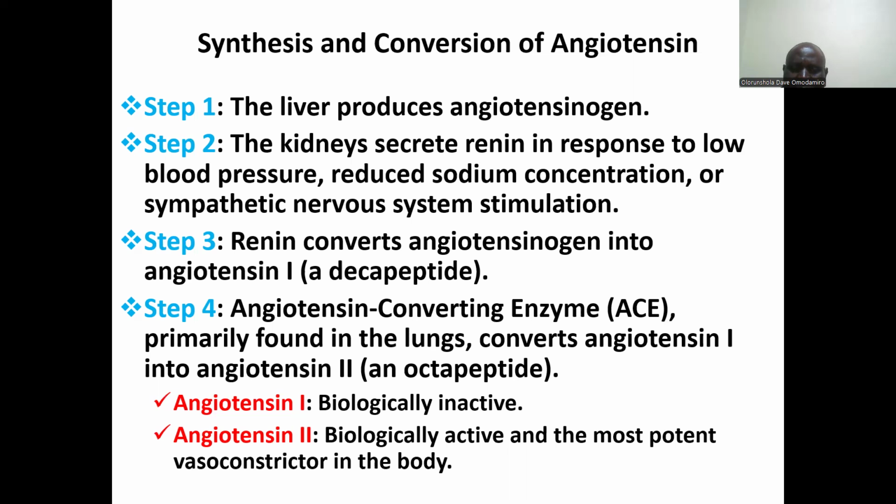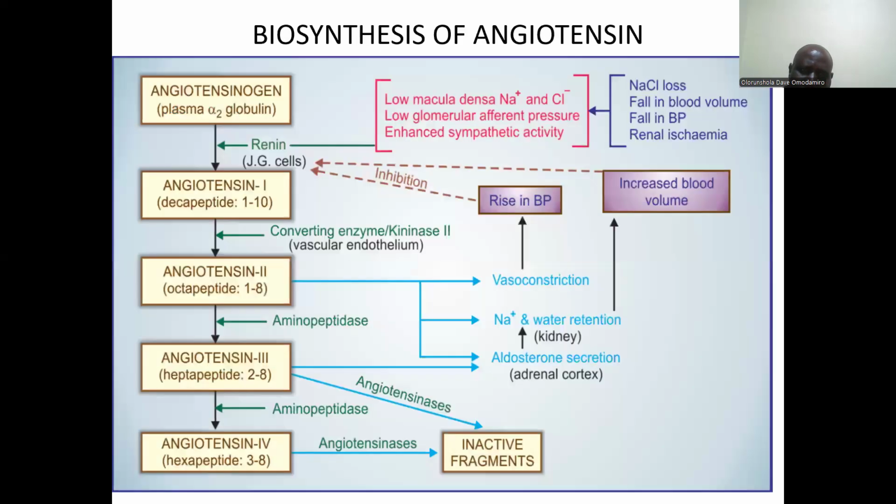It is significant to know that angiotensin 1 is biologically inactive, but angiotensin 2 is biologically active and is the most potent vasoconstrictor in the body. We see its involvement in hypertension or high blood pressure. We can appreciate this to understand the mechanism for the biosynthesis of angiotensin.